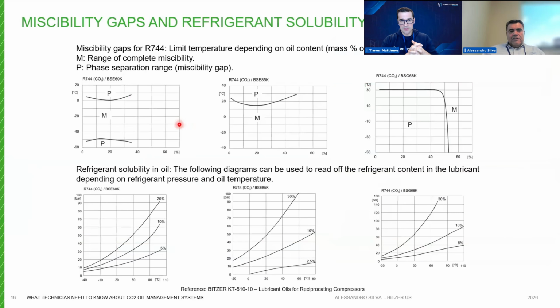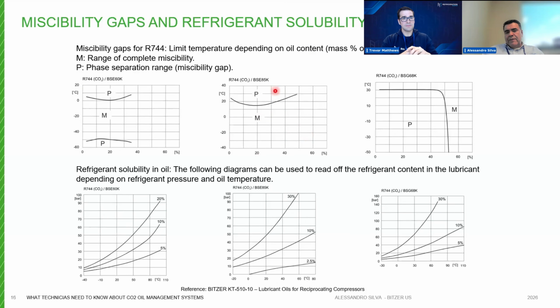That's correct. Especially if you compare the BSE 60K, you see here a wide area of miscibility. M is complete miscibility and P is the phase separation range. That's the reason we recommended the BSE 60K, especially for low temp. And the BSE 85K also covers a wide range of application.